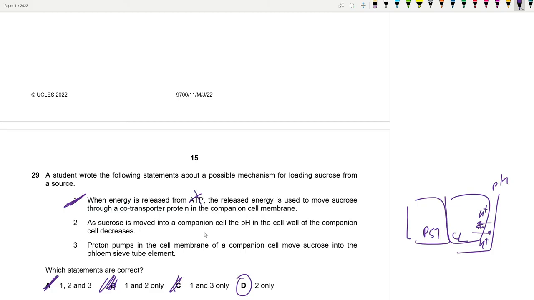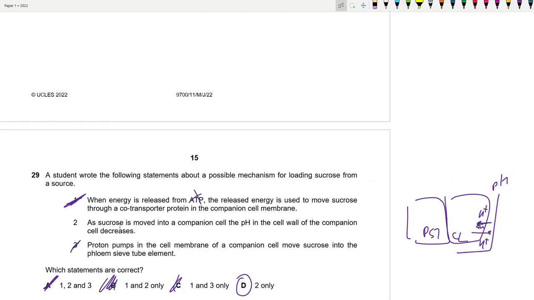As the sucrose moves into the companion cell, the pH in the cell wall of the companion cell decreases. The proton pumps in the cell membrane of a companion cell move sucrose into the phloem sieve element. No, the proton pumps in the cell membrane of a companion cell move protons into the cell wall of the companion cell. Okay, so 3 is also wrong.